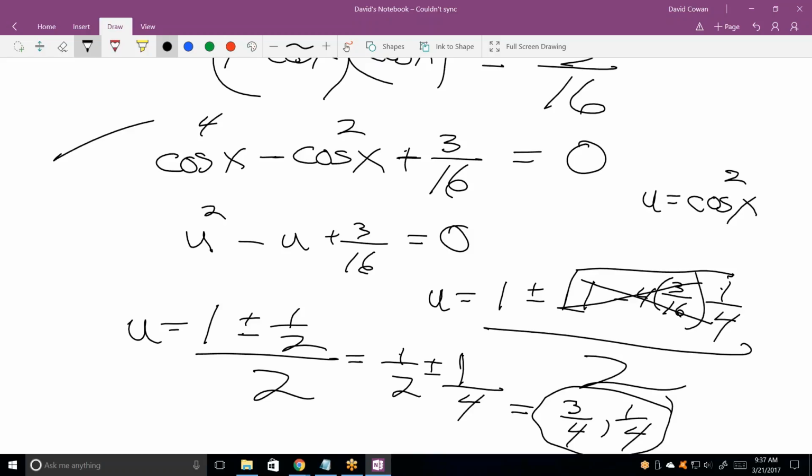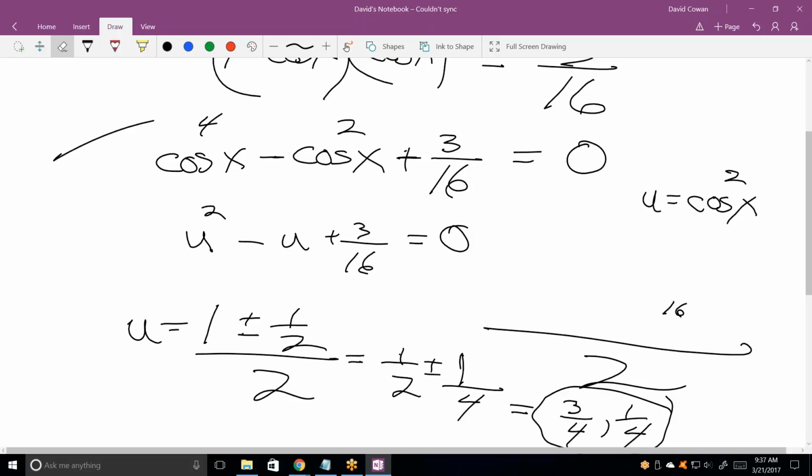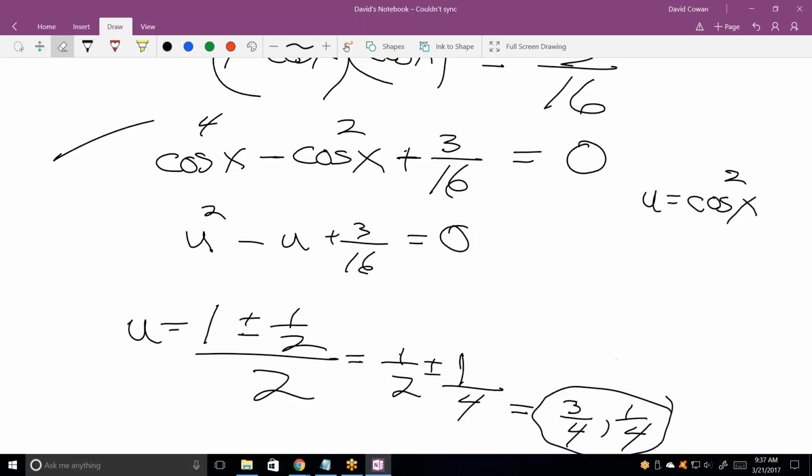Now we go back up to this substitution method. Seems awfully hard and complicated, but this is working, and I don't think there's an easier way. So I solve for everything. I've got cosine squared of x equals, we'll start with the 1/4. That means cosine x equals plus or minus 1/2.